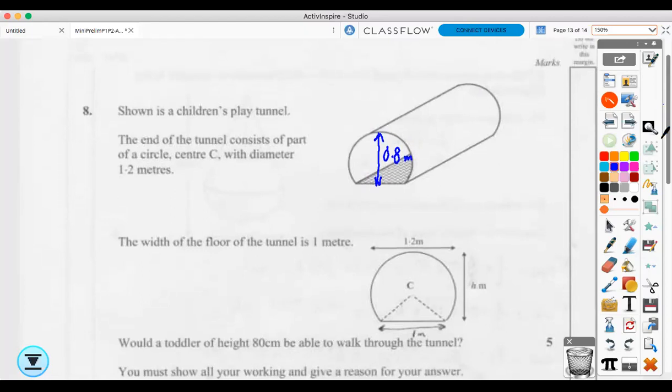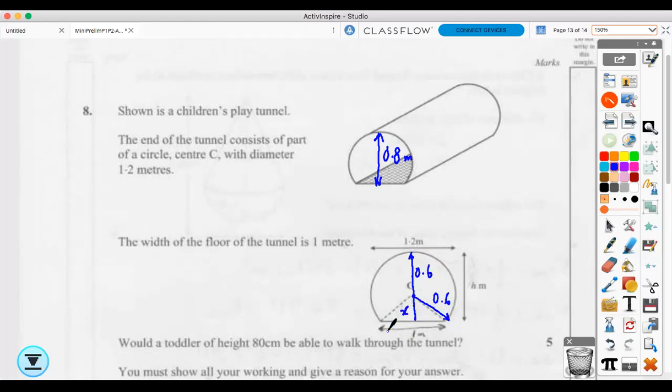How do we do this? Now, this here is the same as this here. This is the center. That means I've got a radius here, that is 0.6. So I know 0.6. The only thing that I'm missing is this length here.